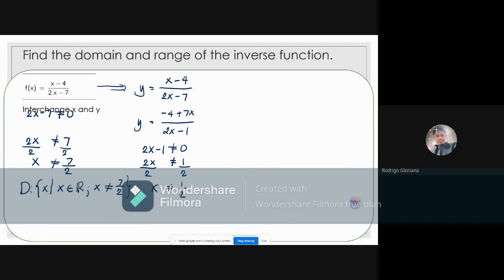This not equal to 1/2 is pertaining to the range of the function x minus 4 over 2x minus 7.